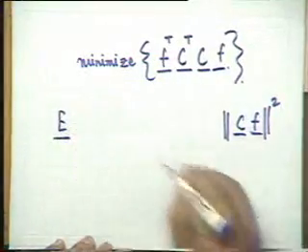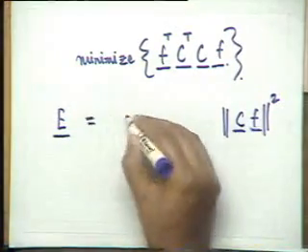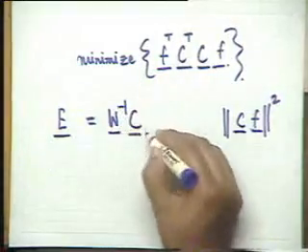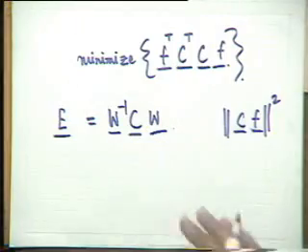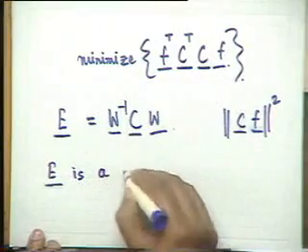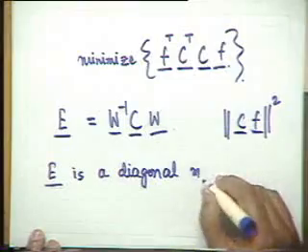Let us call the diagonal matrix E. We can write C as W E W inverse, or we can write E as W inverse C W, where E happens to be a diagonal matrix. Tell me, what are going to be the elements of this diagonal matrix?